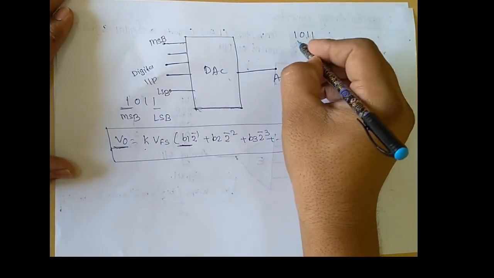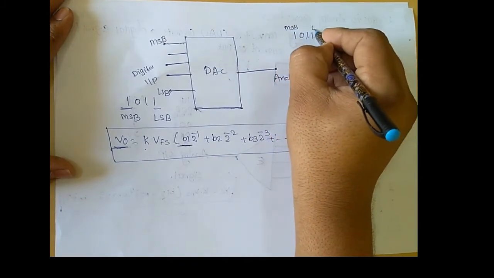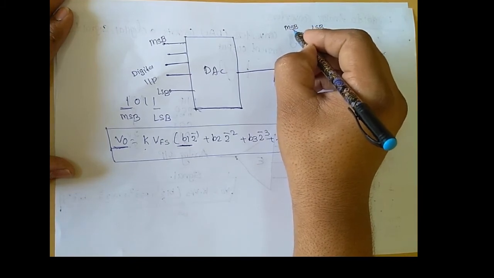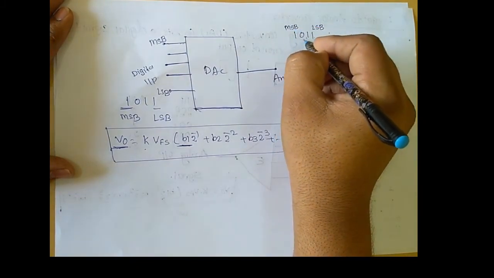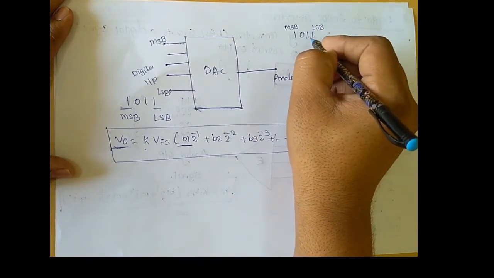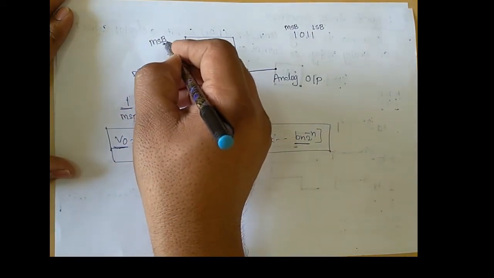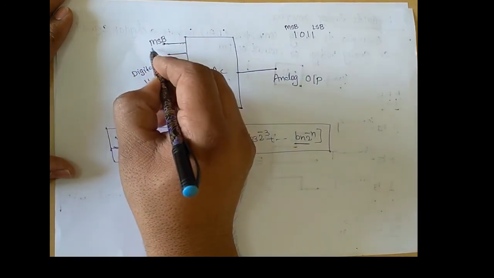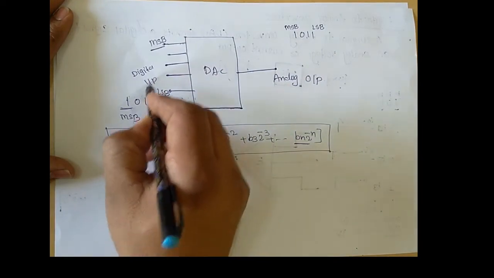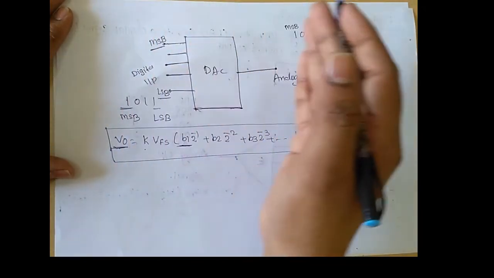In the digital bit word, this is the MSB, the most significant bit, the topmost bit in the given word, and this is the LSB, the least significant bit, the lower bit in the word. So we give the input signal in this format, with the most significant bit and the least significant bit, and with respect to these input bits we convert the signal from digital form to analog form.